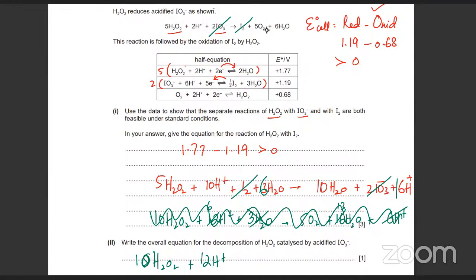On the product side, there's 6 water molecules as well. On the product side, you're going to have 5 O2s, and also 10 H2Os. And that becomes 16. 10 are already there, 6 are above as well.